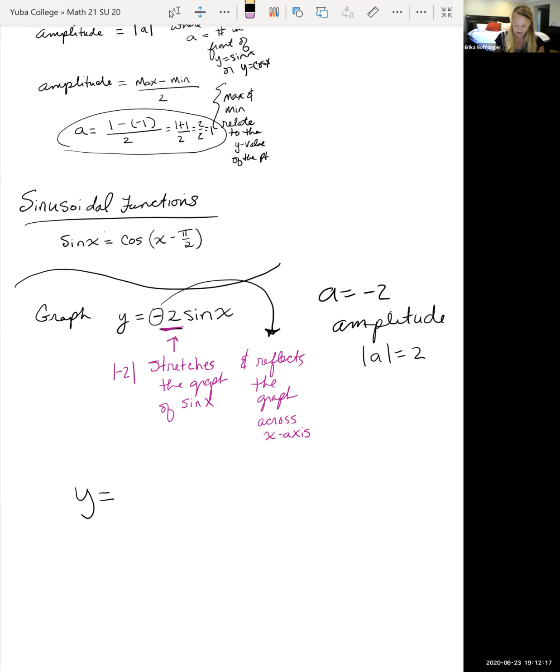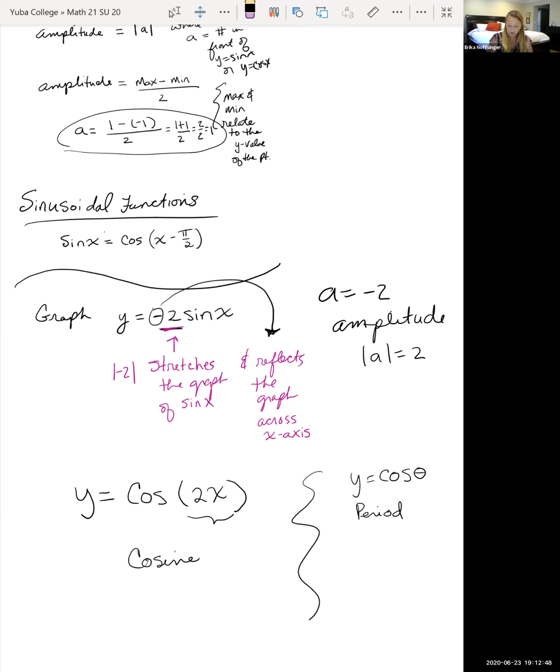So let's say we have y equals cosine of 2 times theta. Normally we have one period for cosine of theta, same thing with sine, between 0 and 2 pi.